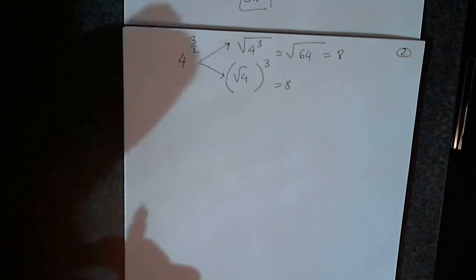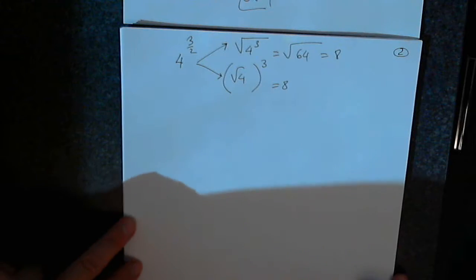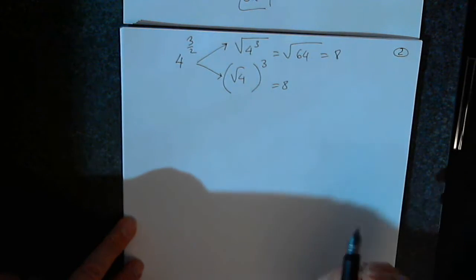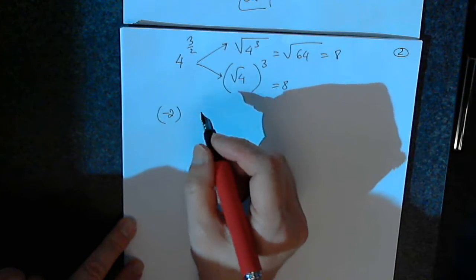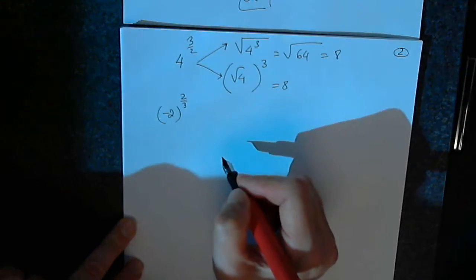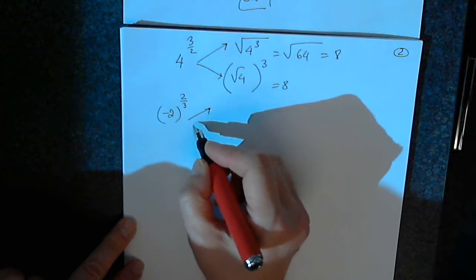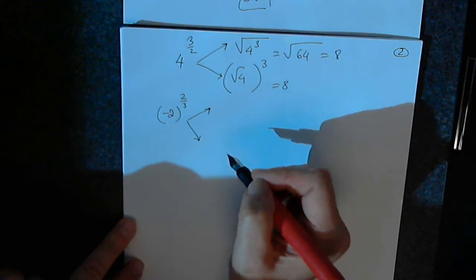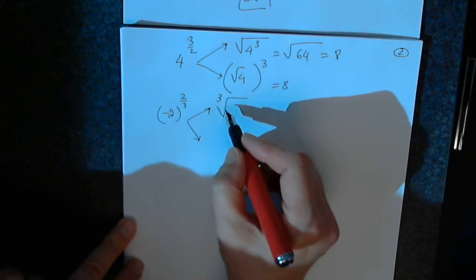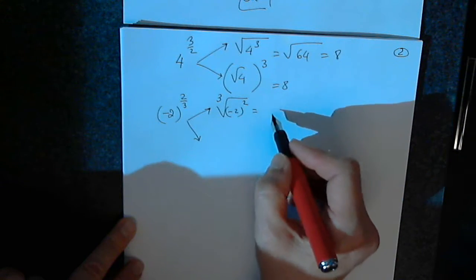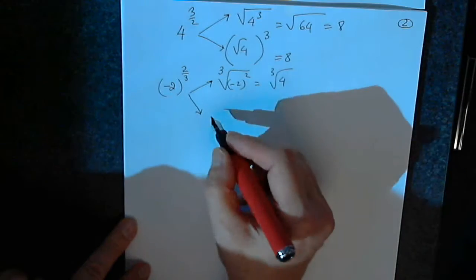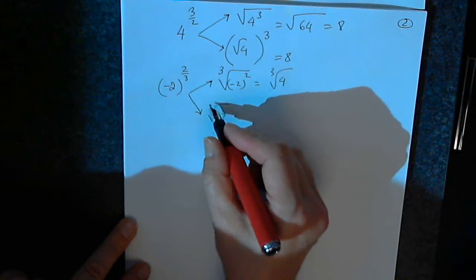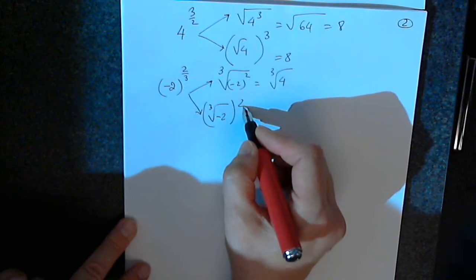So let me give you a situation like negative 2 to 2/3. This would be no problem. Writing it as the cube root of negative 2 squared, or the cube root of 4, or the cube root of negative 2, everything squared.